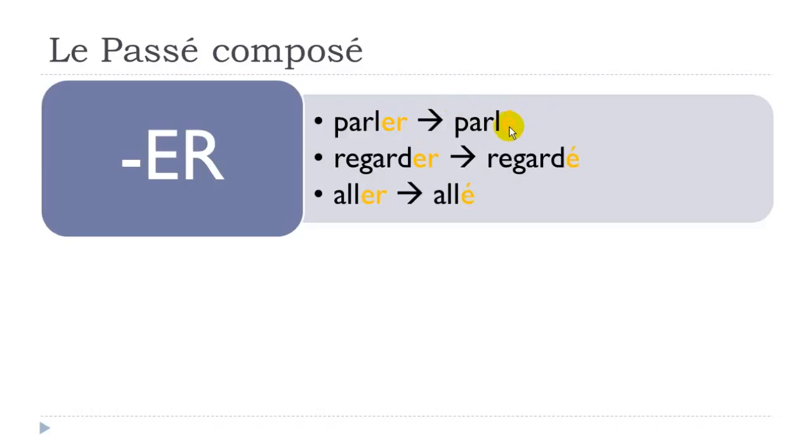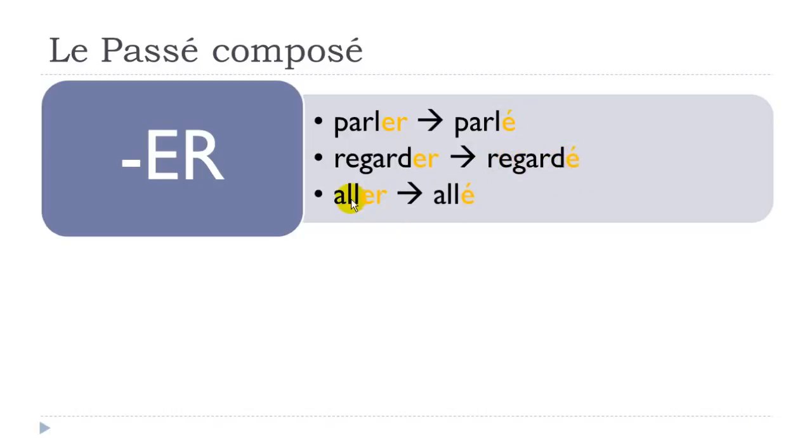The funny thing is that phonetically they are the same. So infinitive parler. If you remember, we saw that previously, this combination of two letters at the end of the words normally gives the sound e. Okay, parler, and then past participle, participe passé, parlé. Same thing here. Regarder, regardé.